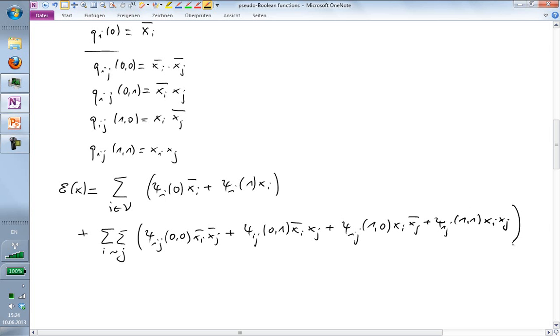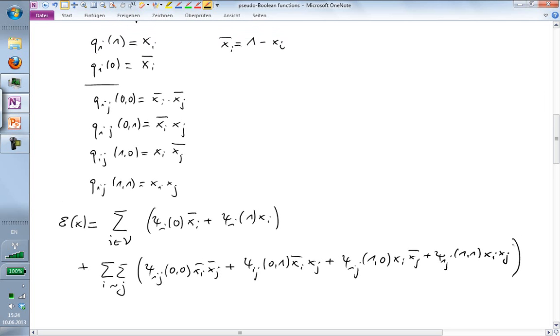And if I really define x bar as done up here, then this is a function just of x, not of x and its inverse.